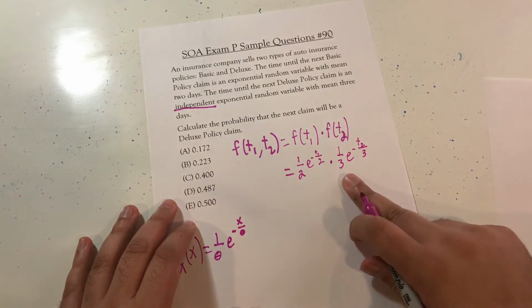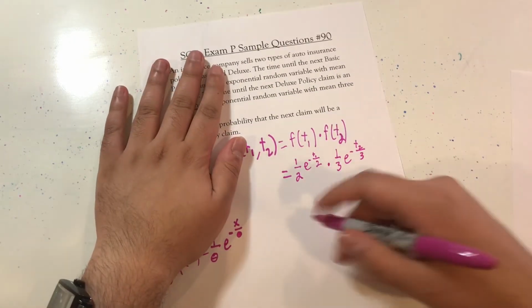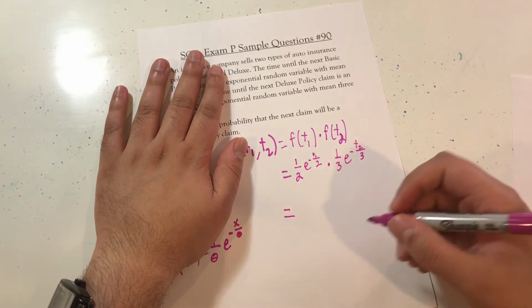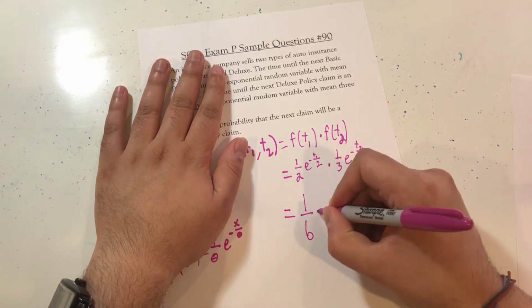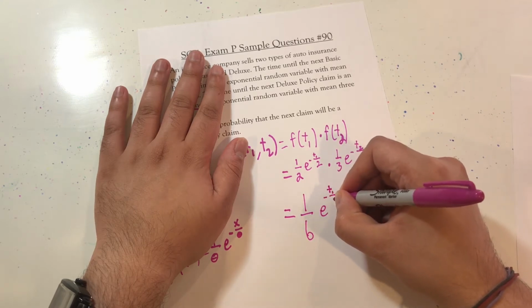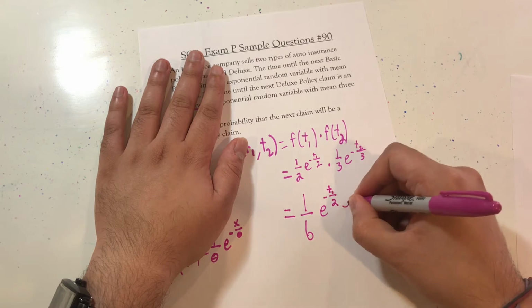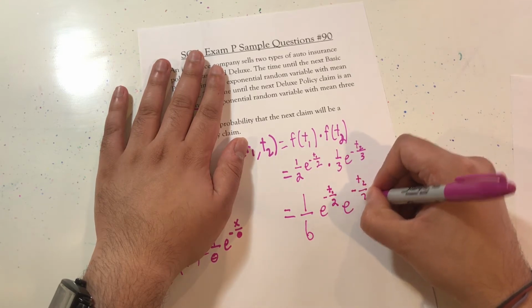Right, because that's the deluxe policy. 3 is the mean of the deluxe policy. I'll write these a bit bigger when I actually write the product. It might be hard to see. So multiplying these out, I get 1 over 6 e raised to the negative t1 over 2 multiplied by e raised to the negative t2 over 3.